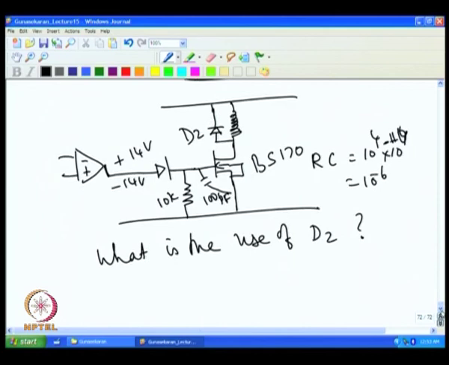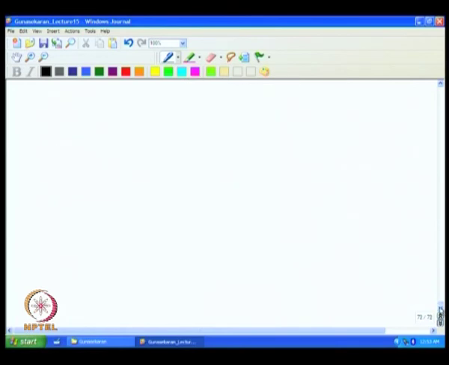Actually, if you do not use D2, we already explained that this MOSFET, or the transistor used in the previous example, actually goes bad. So, we will explain the mechanism behind what is happening here.